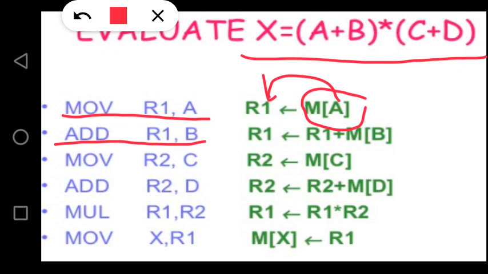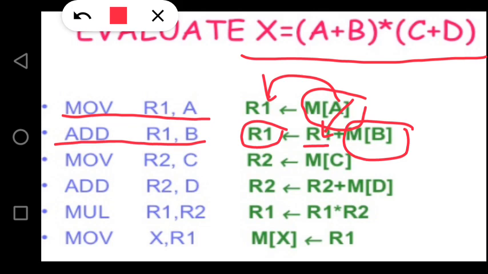So when I say add R1 comma B, R1 contains the value of A, and the value at memory location B is added, again storing the result at R1, because you said add R1 comma B. Remember, you are not supposed to say add B comma R1, because the result immediately has to be stored in a register.